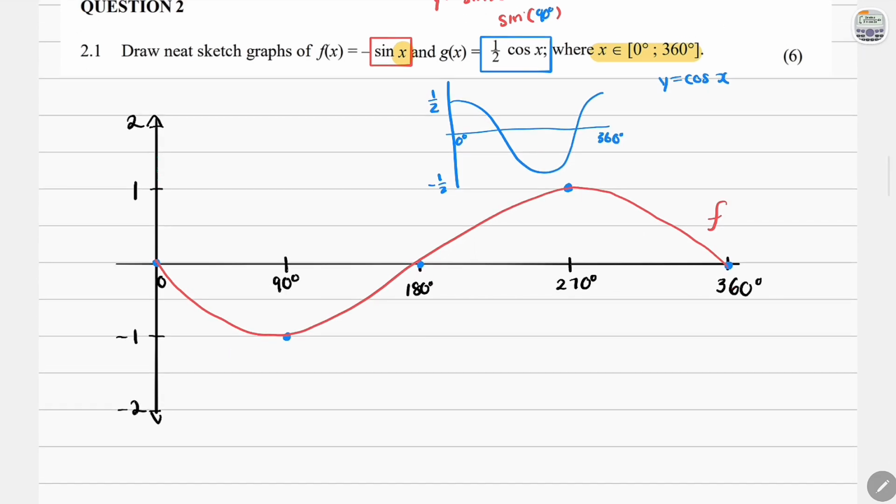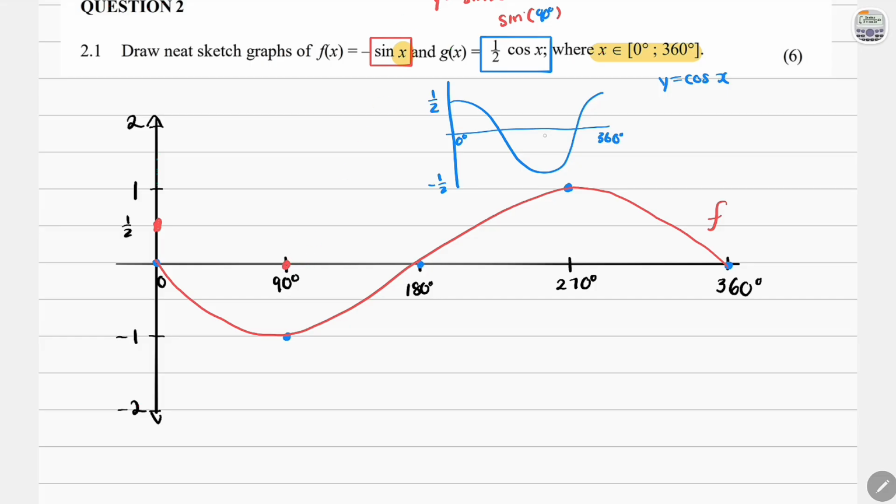Okay, so you can just follow along with sketching the cos graph. So we know that it reaches a highest of a half, and at 0 degrees, it has a y value of a half. So there we go, that's where that's going to be. Let's just plot in red, okay. And then at 90 degrees, do you see where it is? It reaches a value of 0, so that's the y value there.